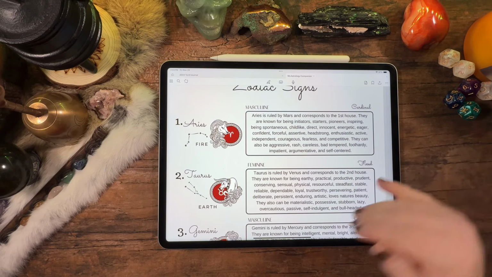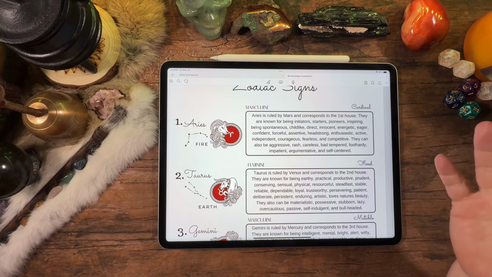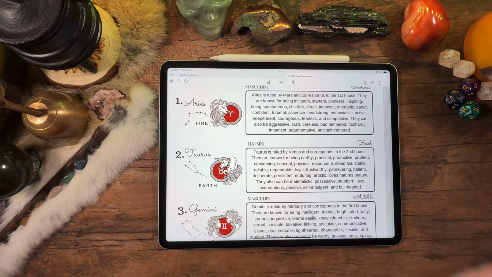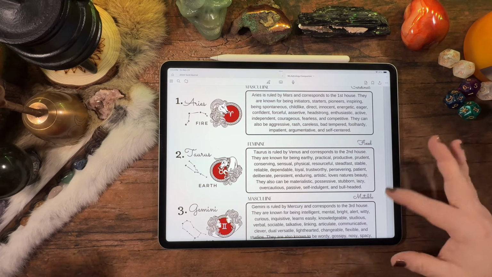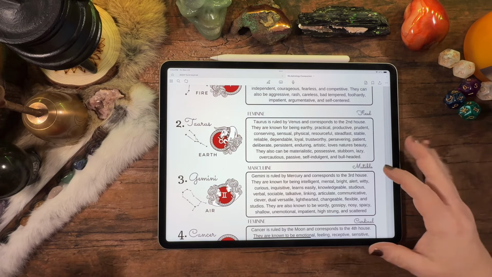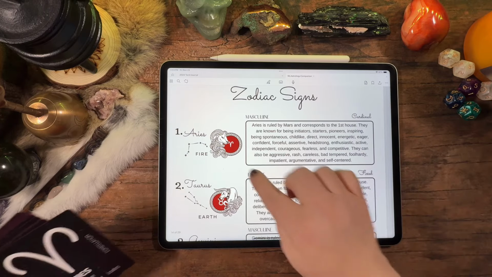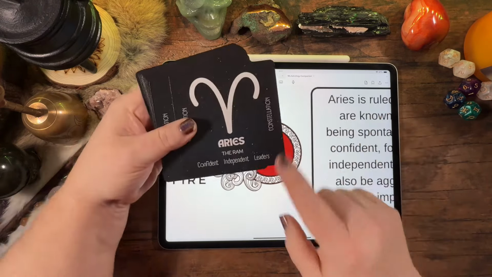If it is during the middle of a season, and each season runs approximately 90 days, okay? Anyways, I don't want this to be confusing, but fixed is in the middle of that season and mutable is towards the end of that season. I'll touch on that in a different video. So Aries, this is what the symbol looks like on a chart.